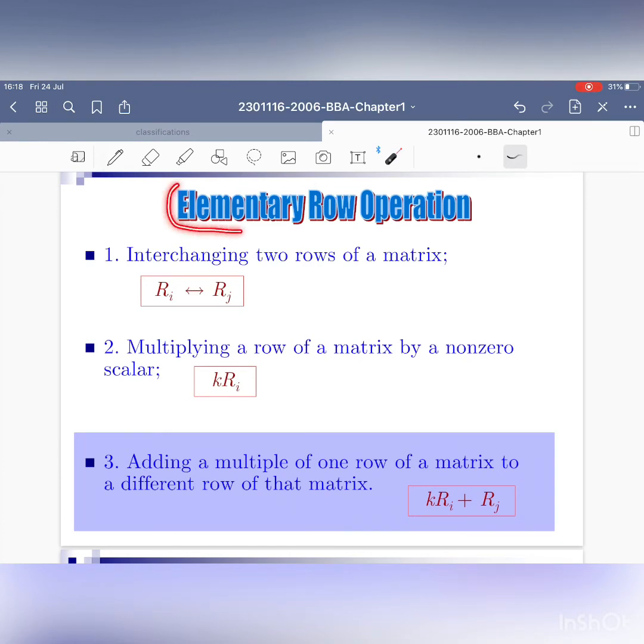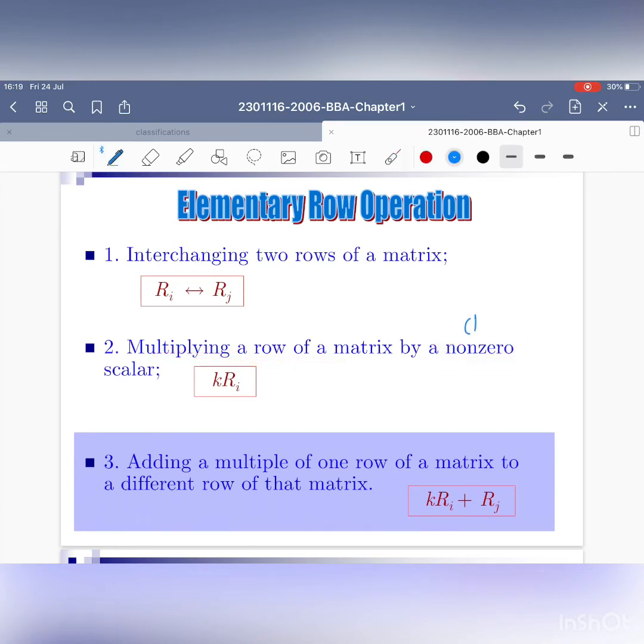This is the so-called elementary row operations, and you have three kinds of row operations. The first one is the interchanging of two rows. Usually we write it as Ri interchange with Rj, using this kind of two-sided arrow. The second one is to multiply the whole row by a non-zero scalar k.